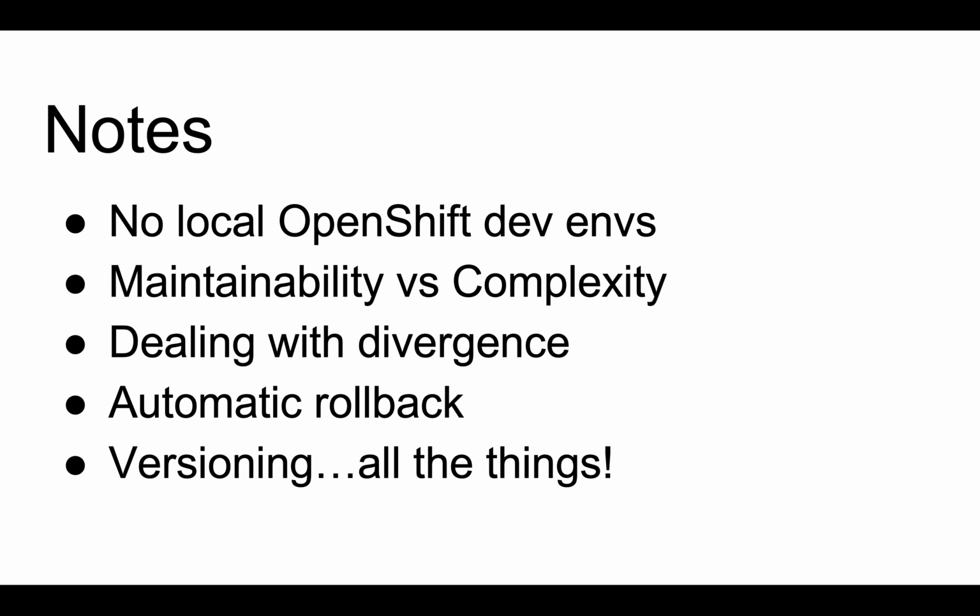And versioning, one of my favorite topics. Version all the things. Of course we version the container images and that stuff. And then as we started getting deeper and deeper into things, we versioned absolutely everything. The deployment configs lived alongside the service code. The config maps were versioned.